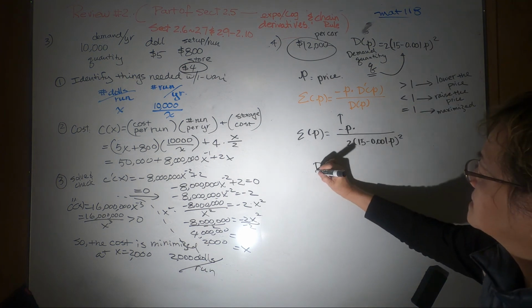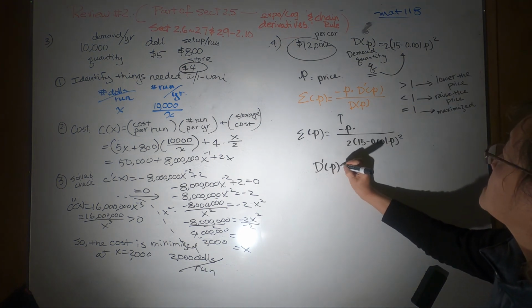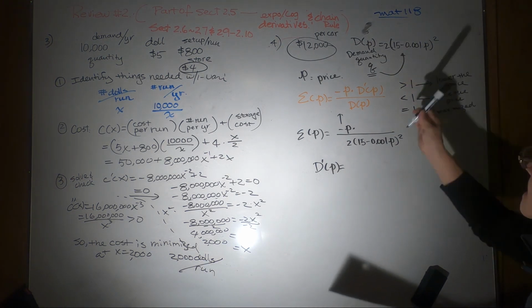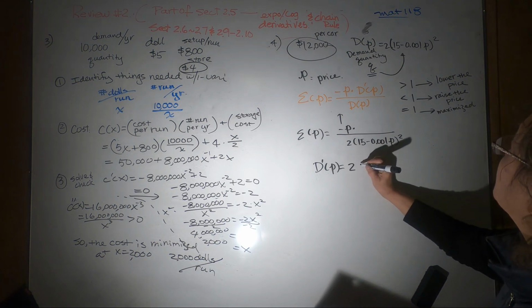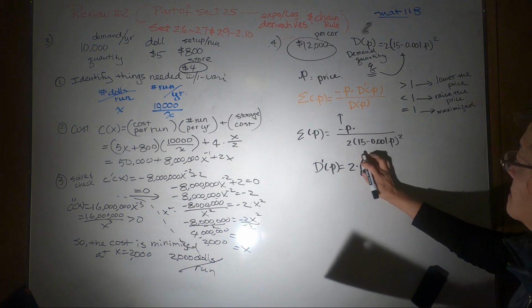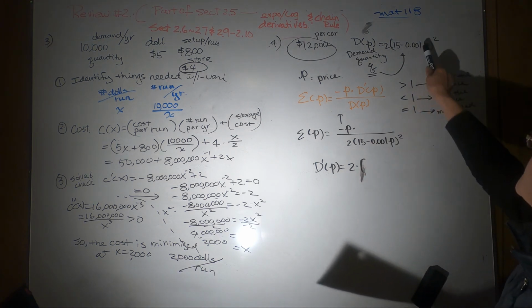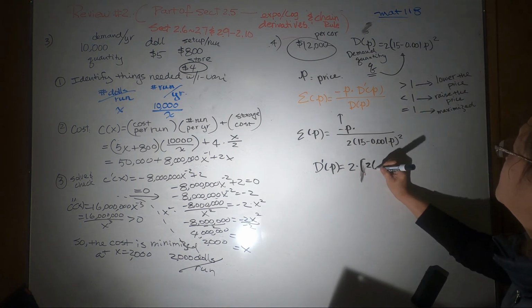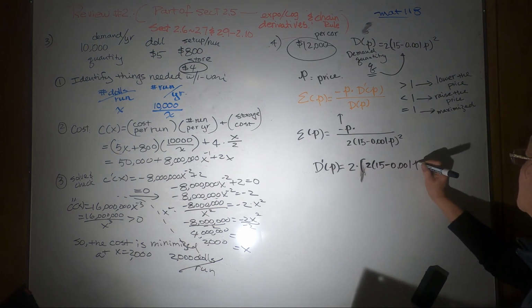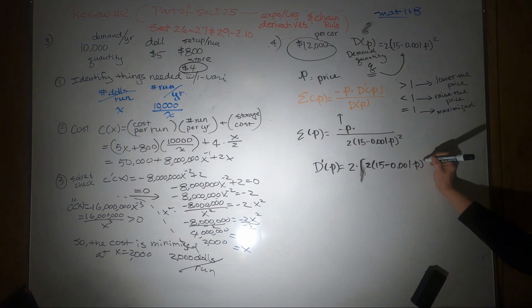So let's do that derivative. You have 2 outside, right? Then we take a derivative of this. You drop 1 level for that, so that would be 2 times (15 minus 0.001P), drop 1 level is 1.